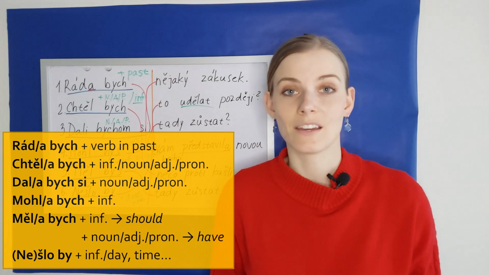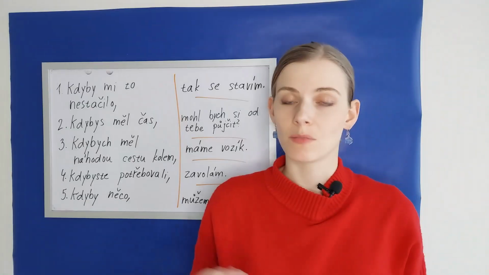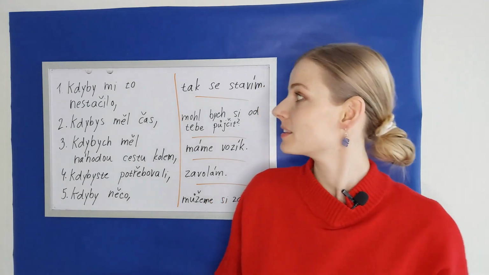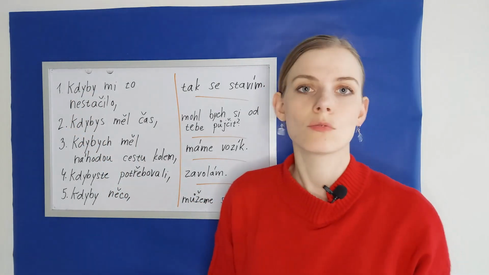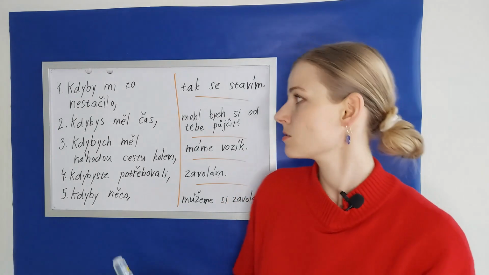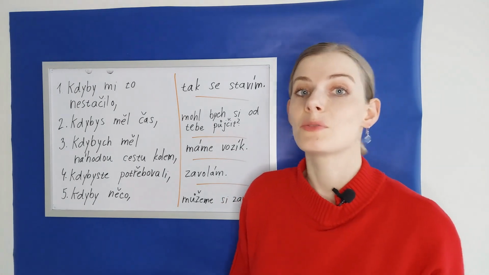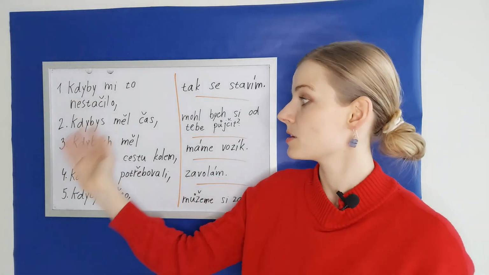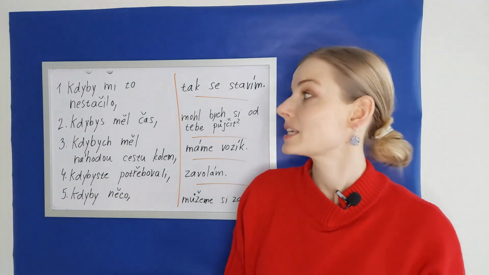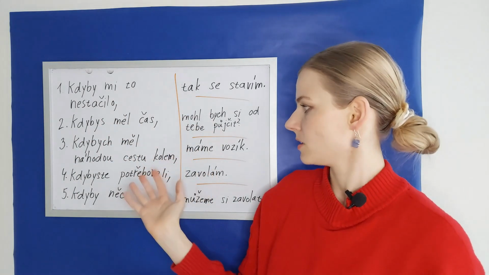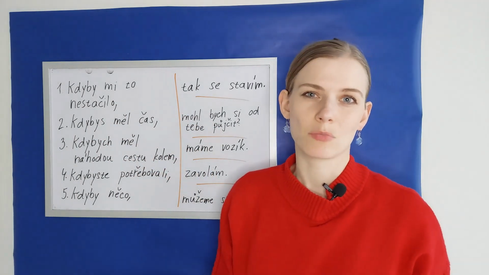Let's see another exercise for kdyby. Tak a máme tady druhou část věty s kdyby. Phrases with kdyby. I also made it into an exercise and we are going to work in a similar way. There are 5 kdyby clauses and you have to put them together so it makes sense. When you look at them like this, again, you have many possibilities.